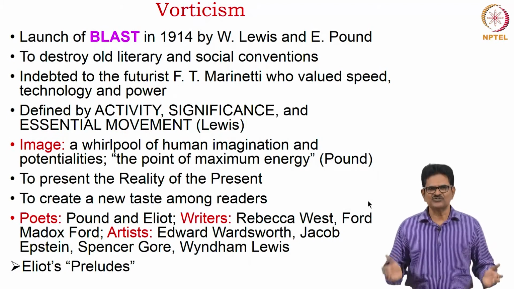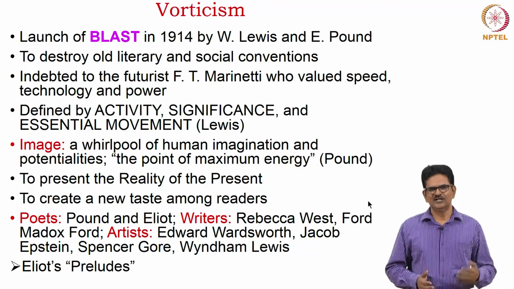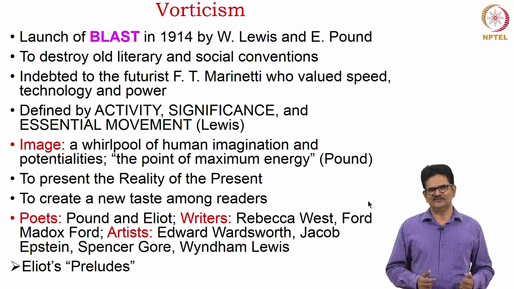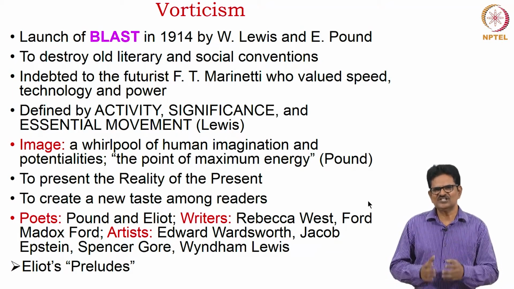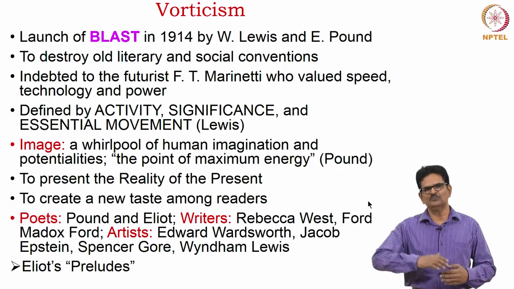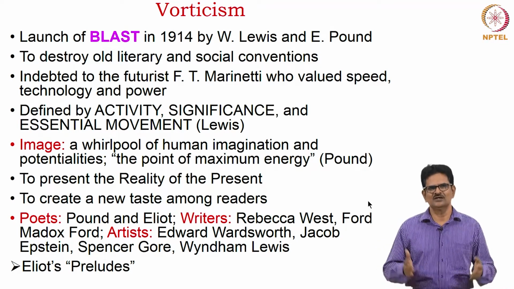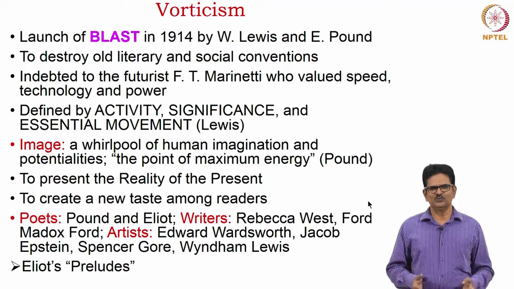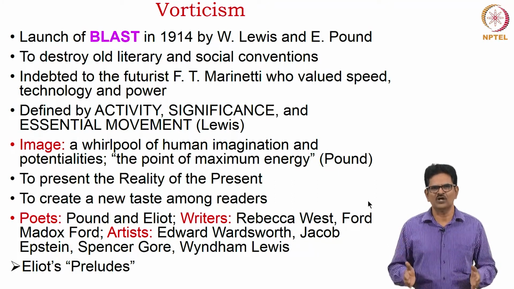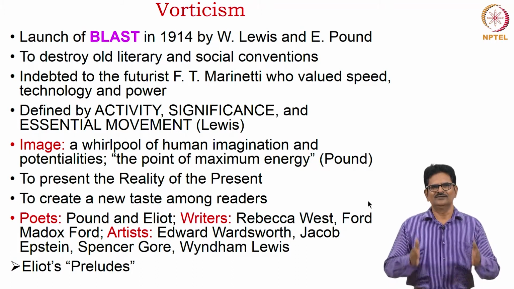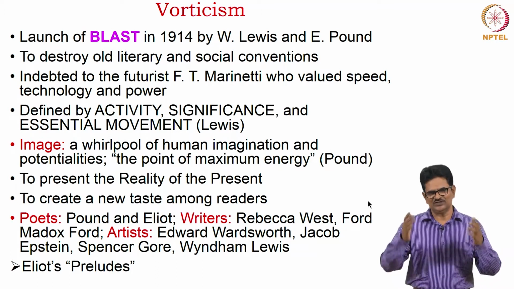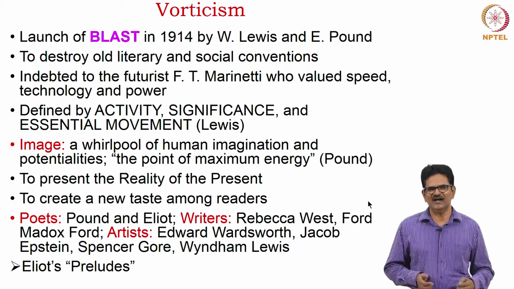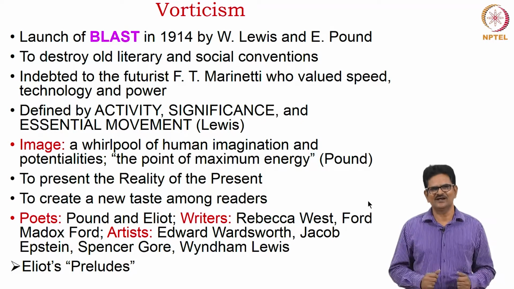Vorticism is an offshoot of Imagism. Pound found that Imagism was misused by some poets, so he wanted to distinguish himself from Imagism by moving on to the next stage called vorticism. This vorticist movement started with the launch of the magazine called Blast in this violet color, as we showed in the picture earlier, in 1914, and it was edited by Wyndham Lewis and Ezra Pound.